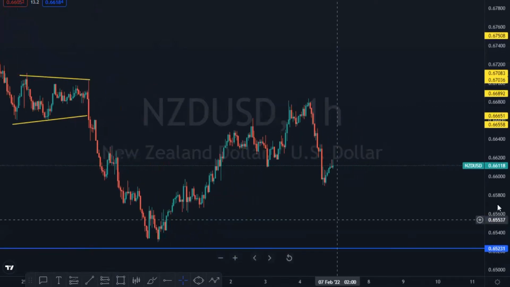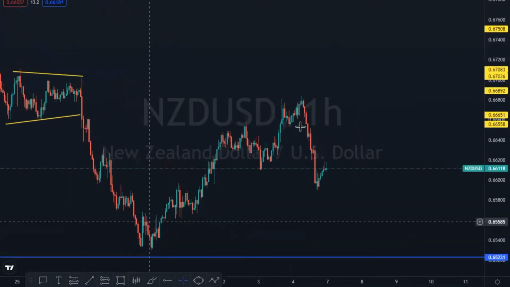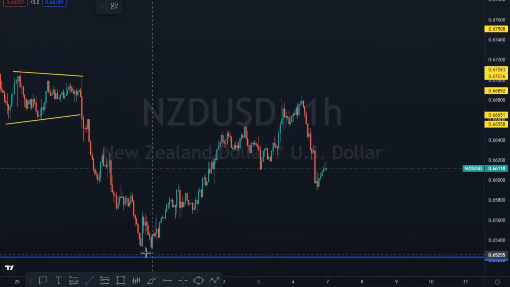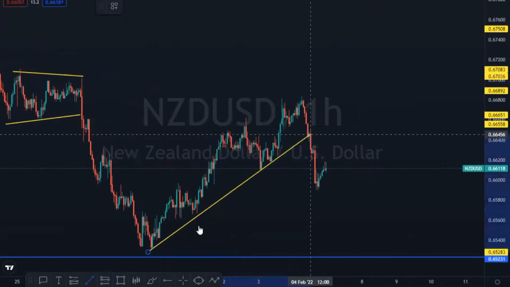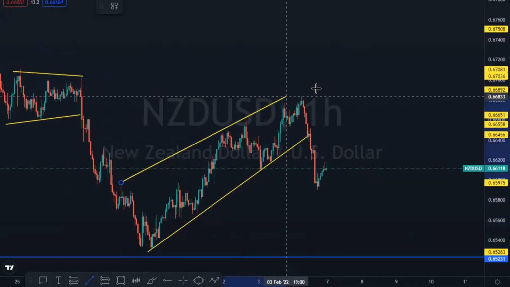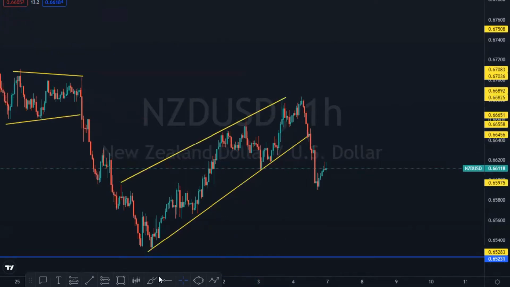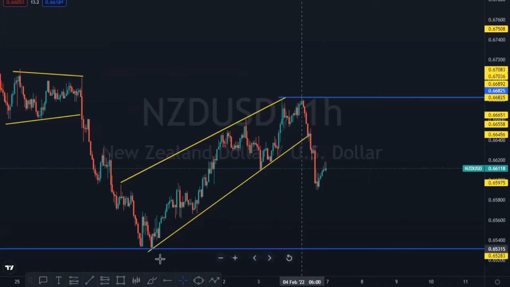As you could see now, we had a type of a rising wedge. This being our support trend line, and this being our resistance trend line. Let's also cater for this resistance here, and let's also cater for this support.